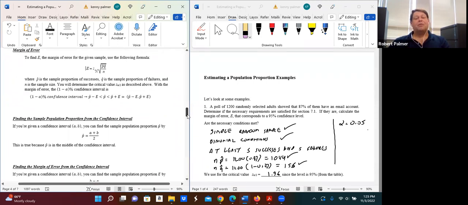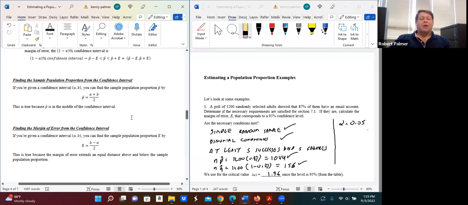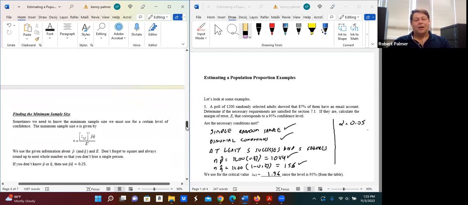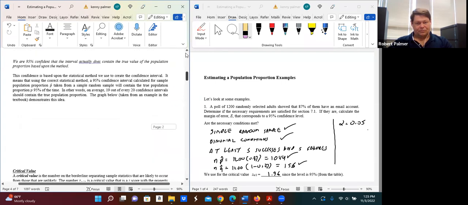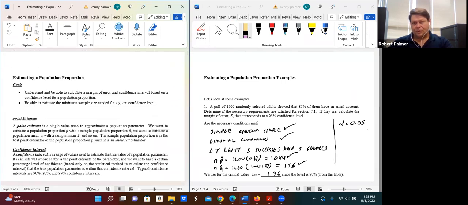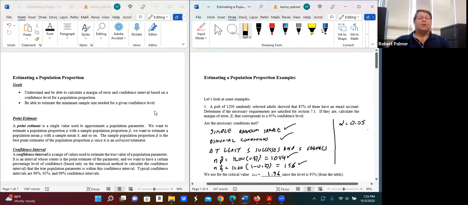Then we found ways, if we're given an interval without the margin of error or the sample proportion, to find those values. And then finally, we learned how to find a minimum sample size needed for our conditions. You can also use this same method for estimating a population mean, which we'll see in a future video. Thank you. Have a good day.